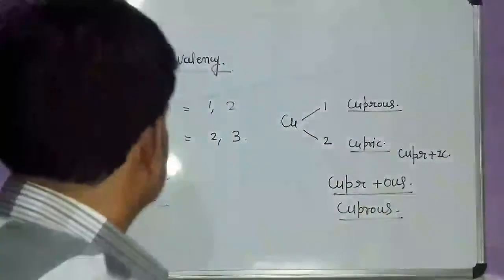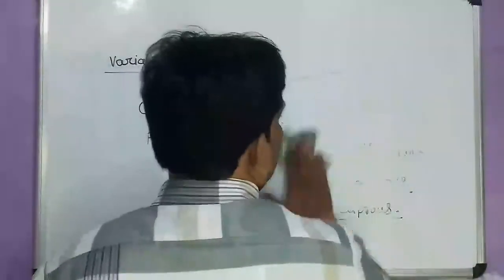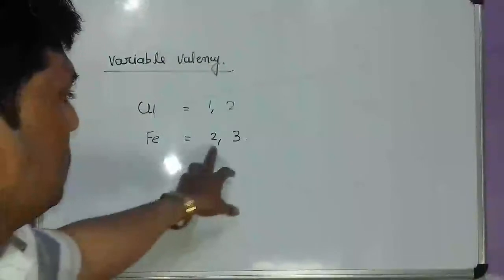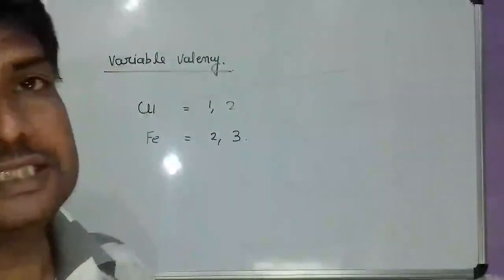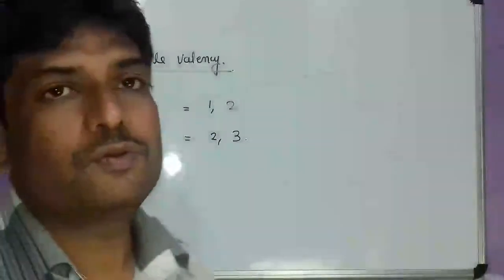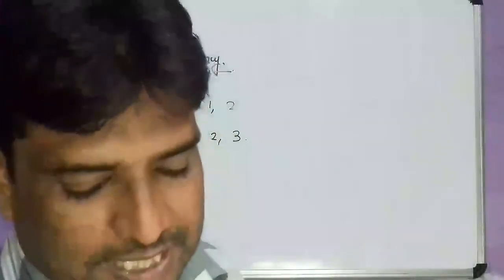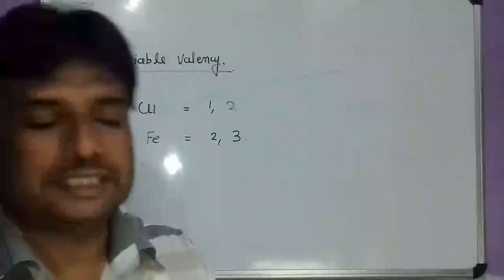So here, Fe showing 2 valency is called ferrous and Fe showing 3 valency is called ferric. So you have to add suffix ous in lower valency and ic in higher valency of the elements. Is it clear?